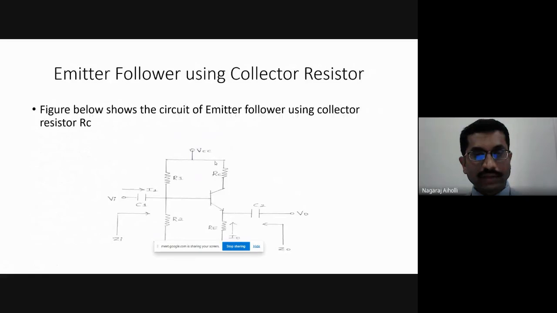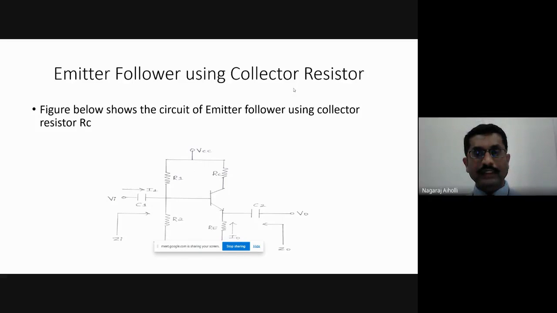This is the circuit, emitter follower using collector resistor. In the examination, if they ask to explain the AC analysis or the re model of the emitter follower using collector resistor and its performance parameters, then you have to draw this circuit and then explain. We have resistances R1 and R2, that is the voltage divider between R1 and R2.